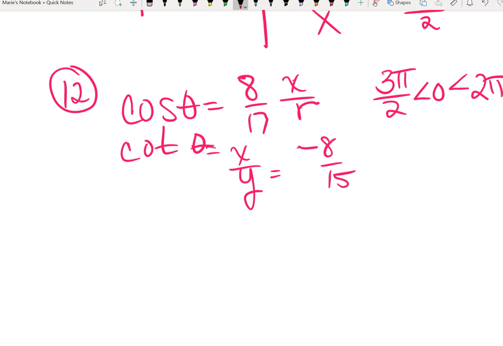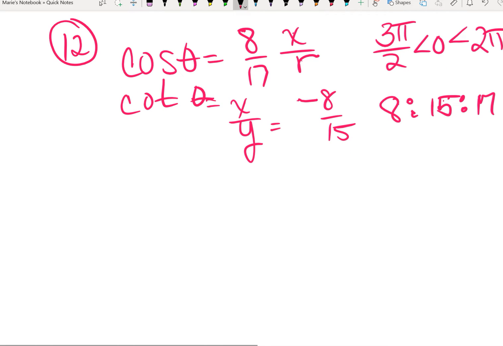And this is one of those trigonometric identities. Let's see here. 8 squared plus 15 squared equals 289. So it's the 8, 15, 17 Pythagorean triplet. And so that has to be the missing value.